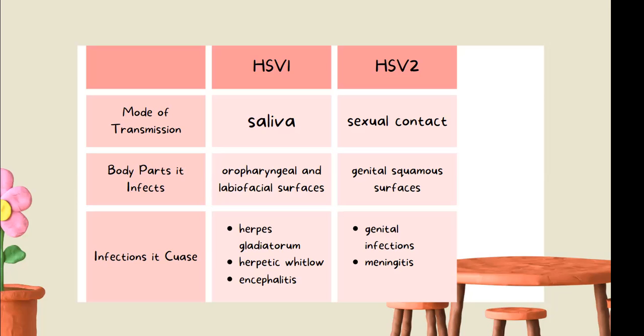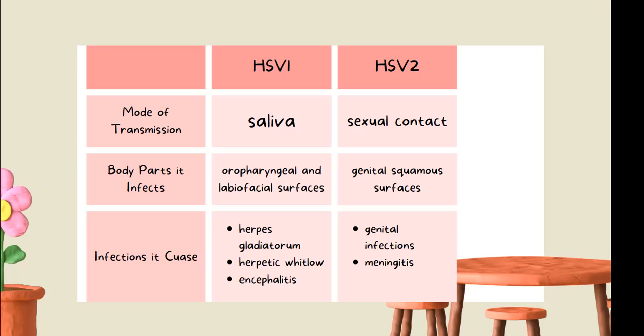Next, for the infections, we have herpetic whitlow. This refers to infections on the hands of our medical practitioners. They are also expected to be more exposed to this type of virus because they work in hospitals, with many people. It is also known to cause encephalitis, or inflammation in our brain.